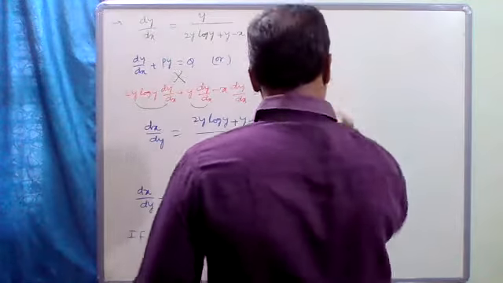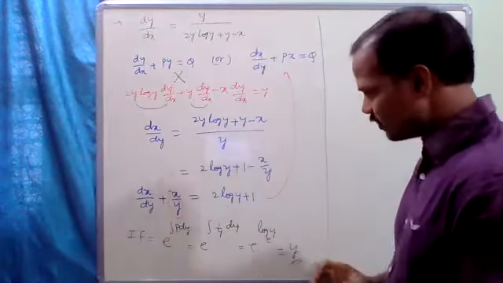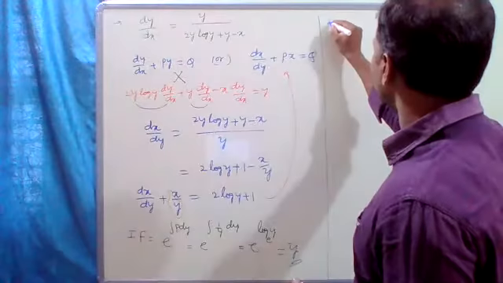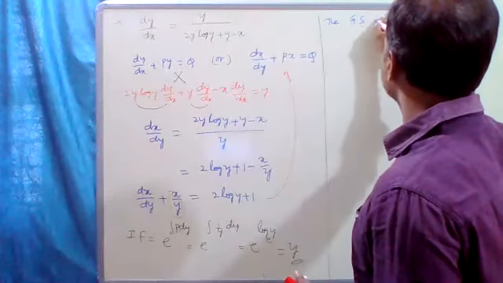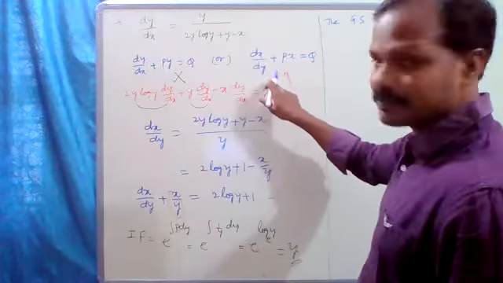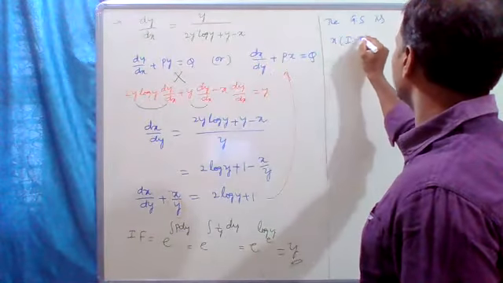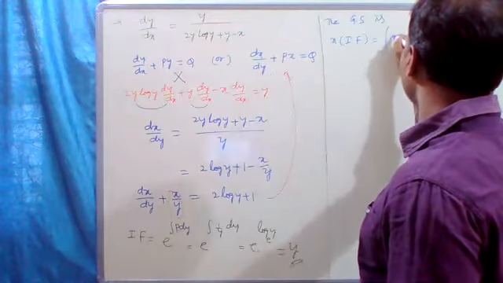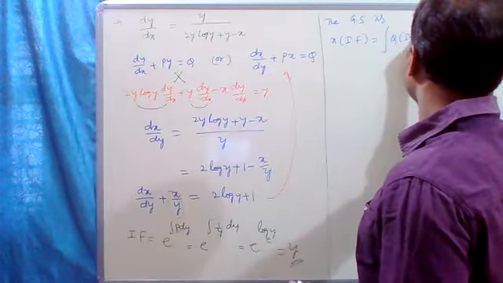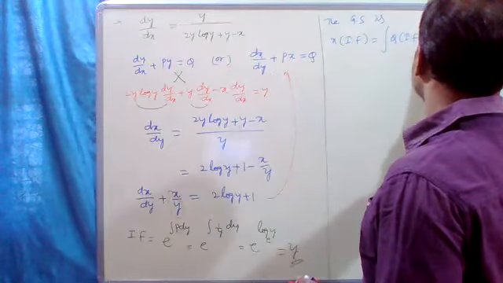Now the solution is, what is the general solution? The general solution for dx by dy form is x into IF equals integral q into IF dy plus c.